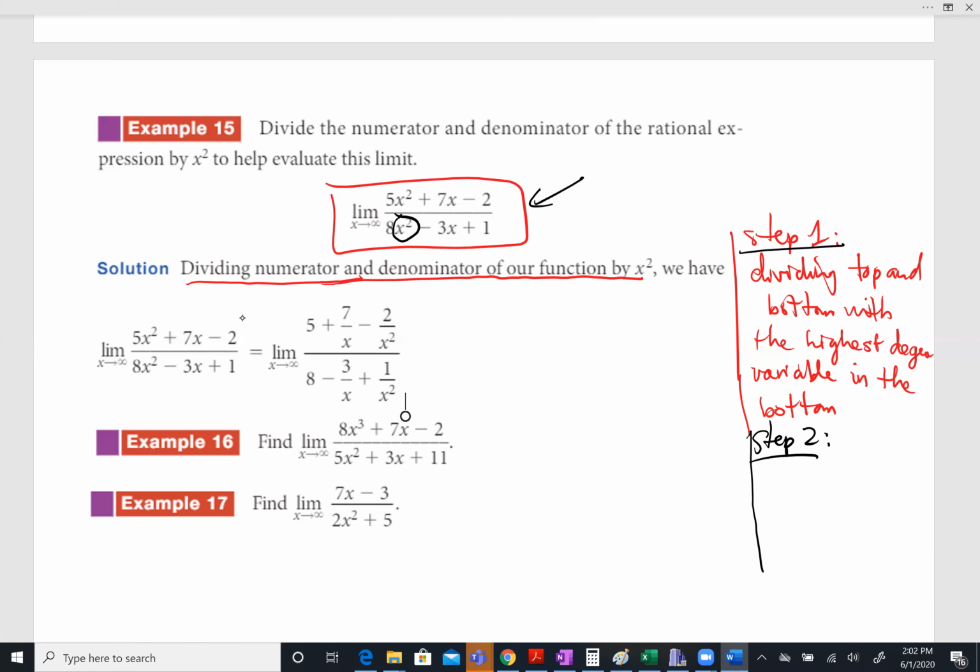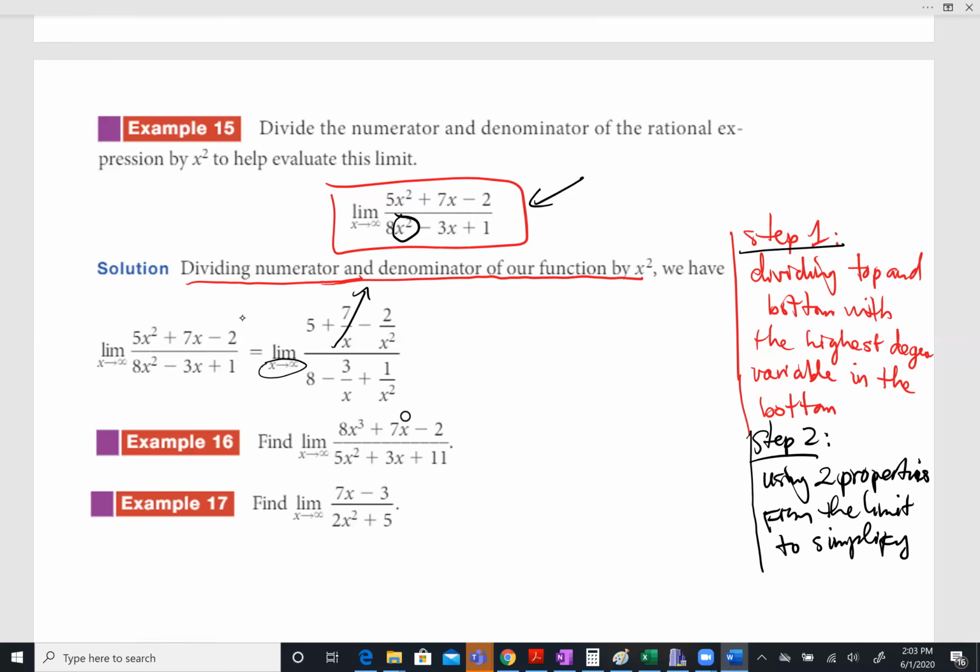But now, let's think about this term, 7 over x. If x goes to infinity, using the two properties from the limit to simplify.